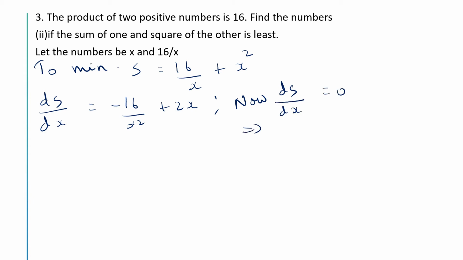So which means minus 16 by x square plus 2x equal to 0, or we get 2x is equal to 16 by x square. From this we get x cube is equal to 8. Therefore x is equal to 2.